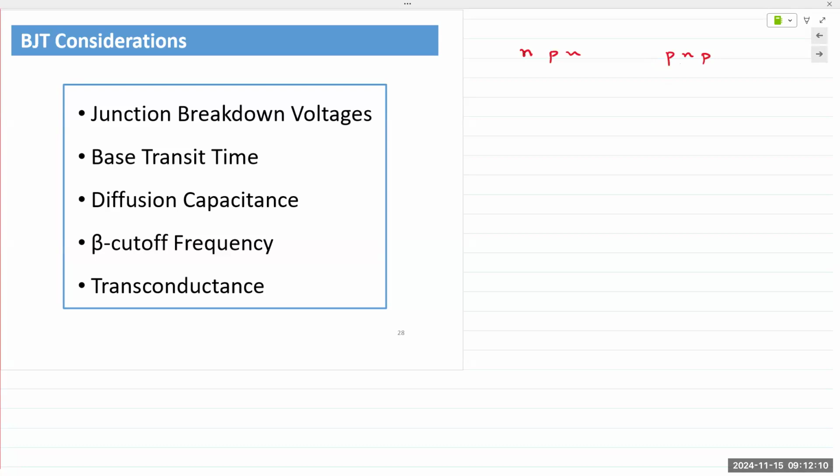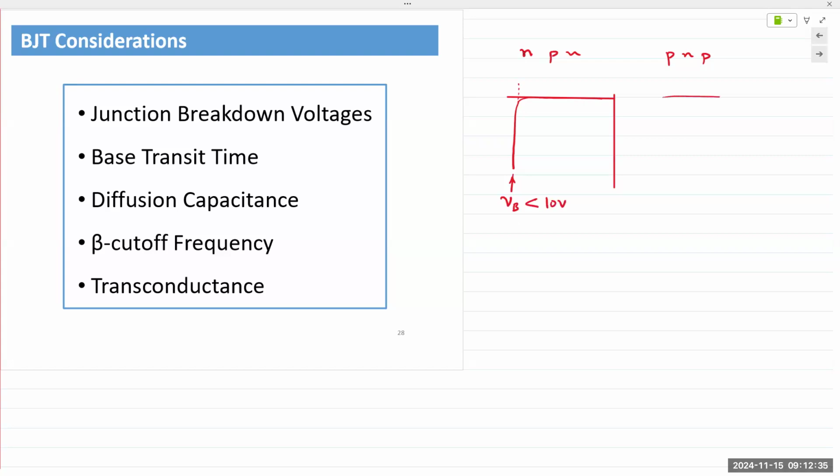The difference is, as we've seen in the lab, one of the junctions breaks down at a lower voltage. It's typically less than 10 volts.